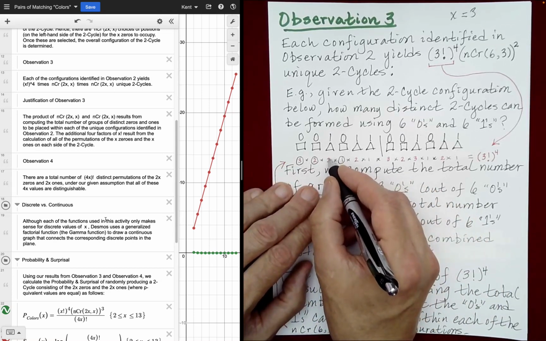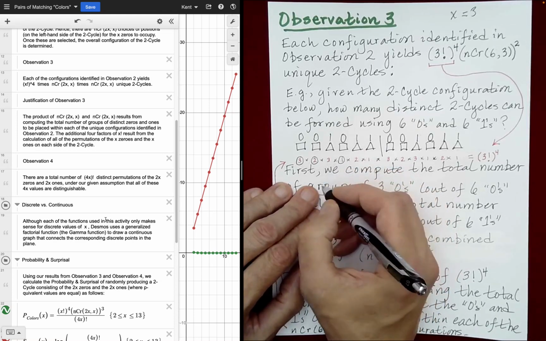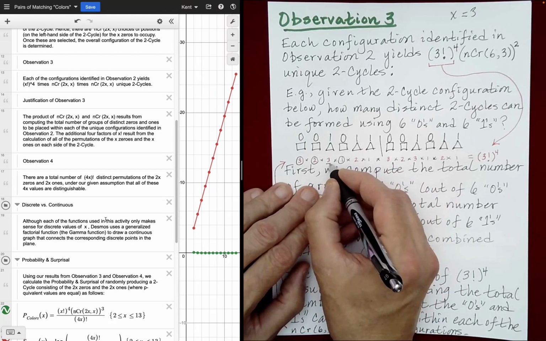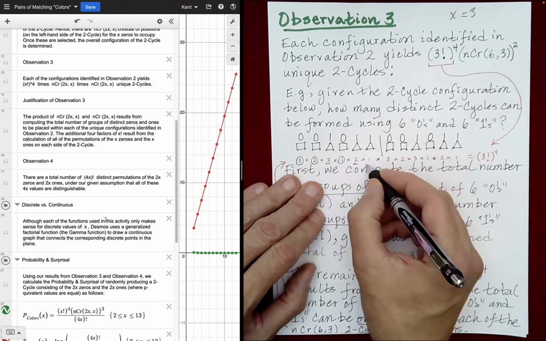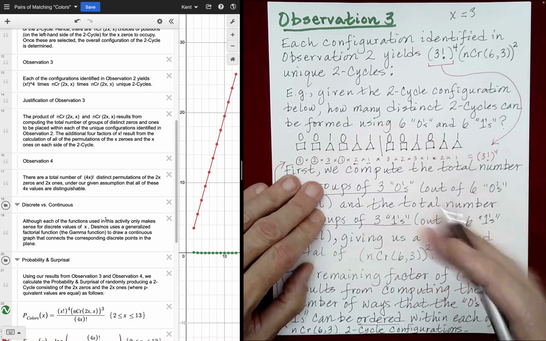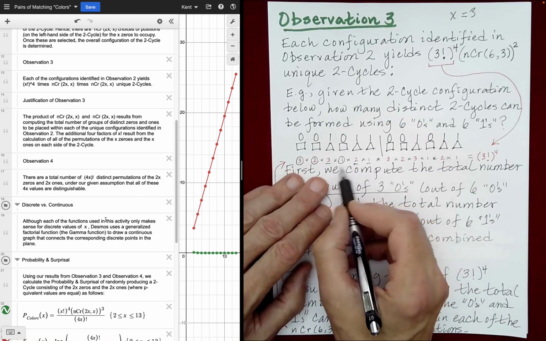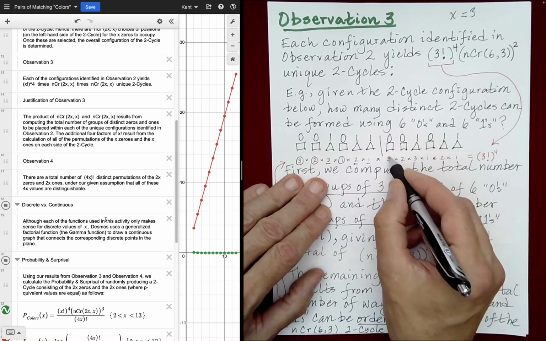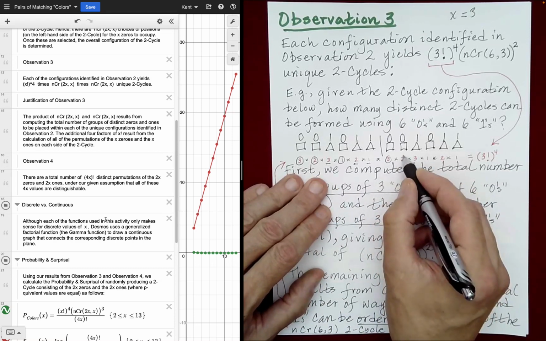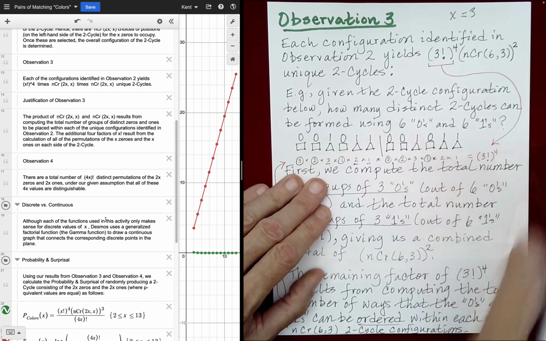Come over here. Right here we have a 3, and then a 2, and then a 1, of course, which is not going to make a difference to the product, but that's another 3 factorial. And then the same thing here: 3 times 2 times 1 is a third 3 factorial.